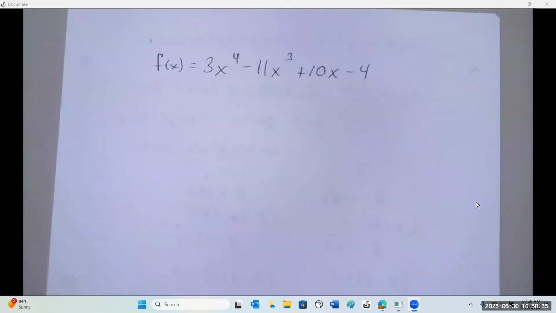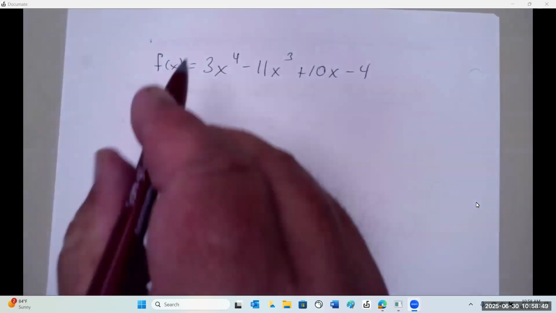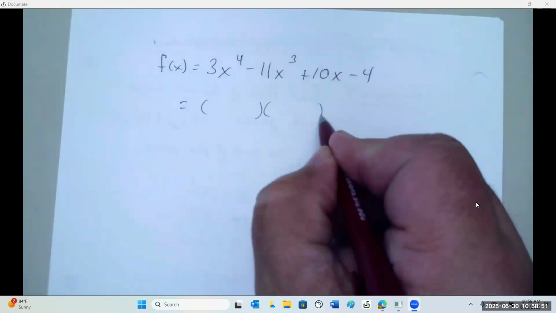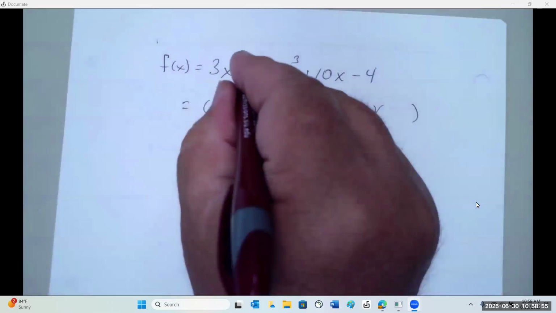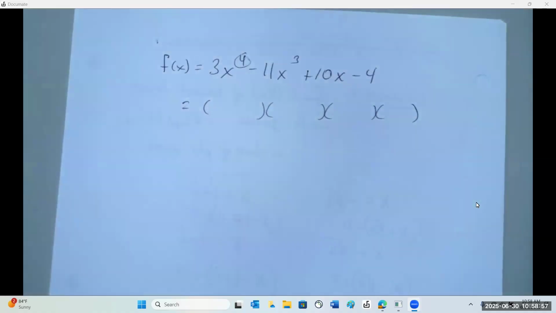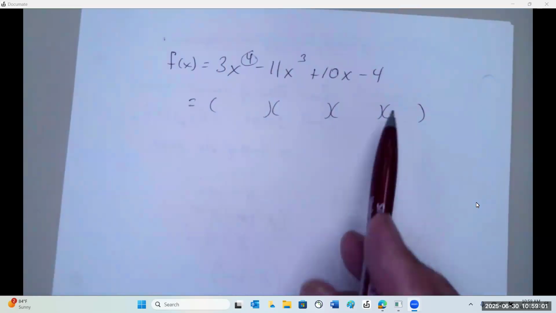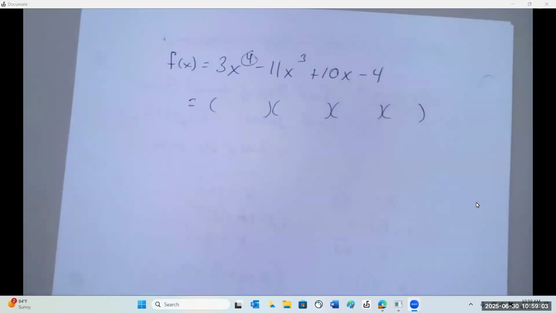You can't group those. That's not going to work. You can't move them around like we did earlier. So let's figure out other ways to find out what the four solutions are. We know we're going to have four solutions because of that. We need to know these factors because we need to know the x-intercepts.